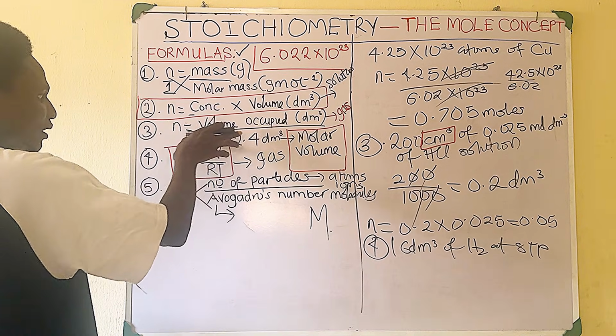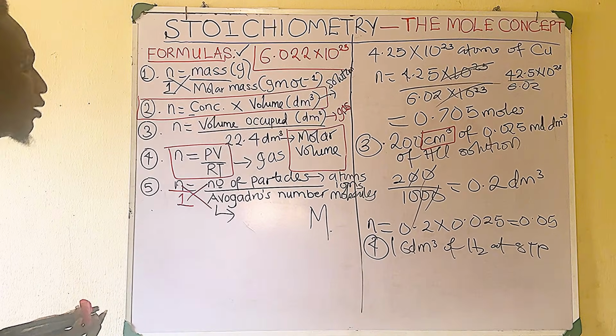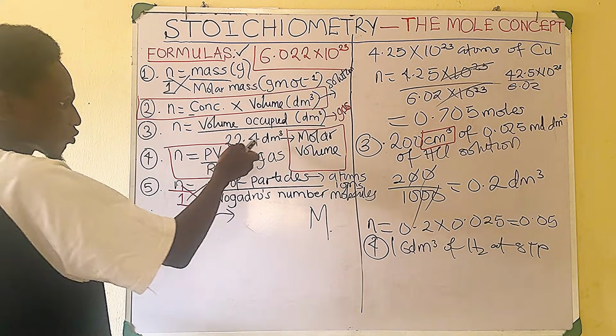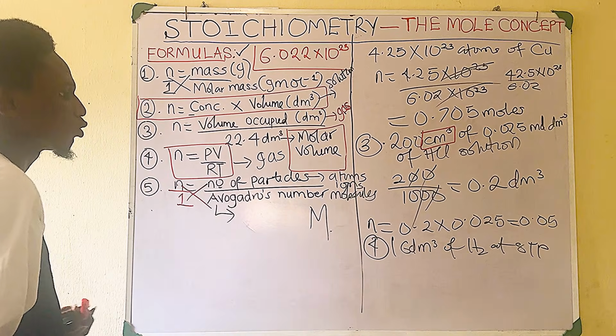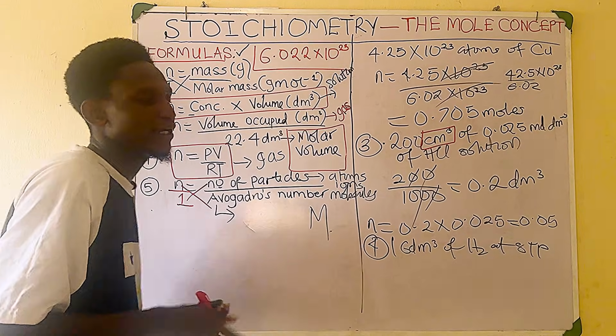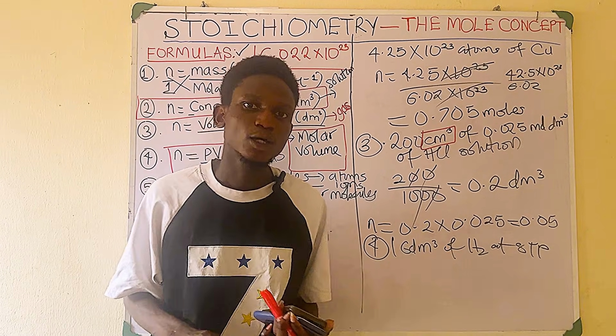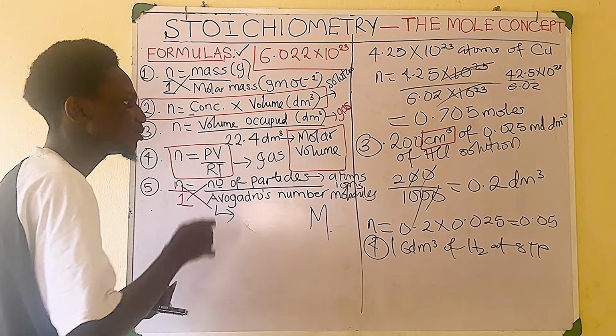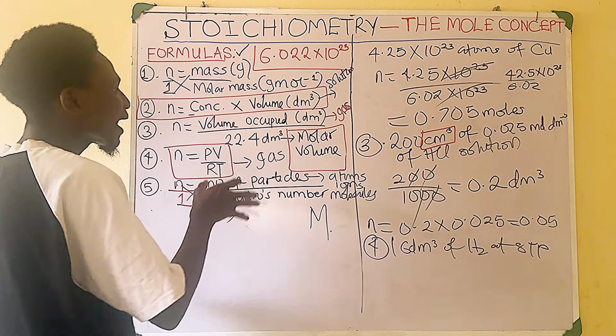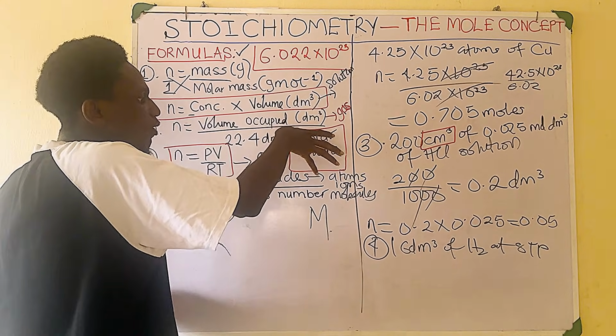So it means they are telling us about the third formula there, because volume was given, and you should look for number of moles. I forgot to say they told you at STP. Calculate the number of moles of hydrogen at STP. What they're trying to tell you is to calculate the number of moles using the molar volume.